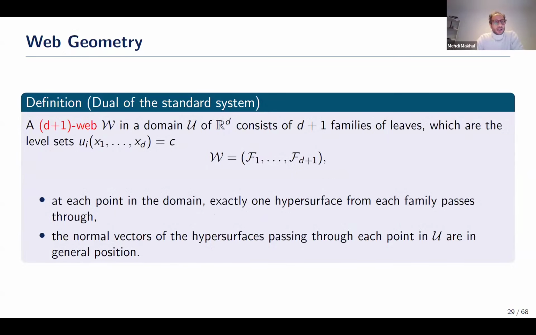So first I give a dual definition of the standard system, which in the literature is known as a web.